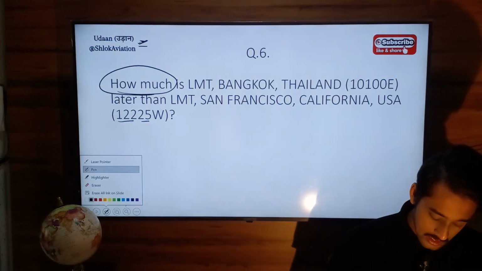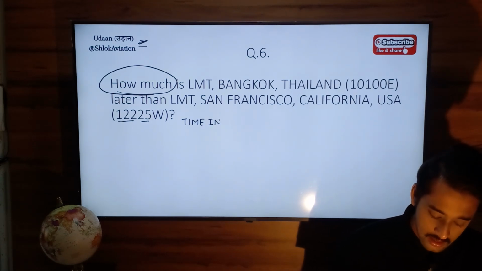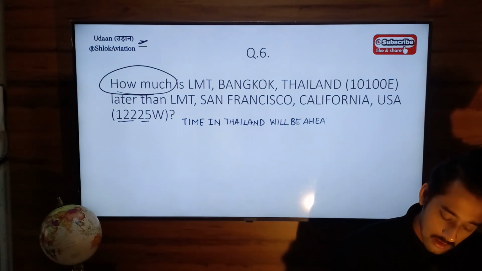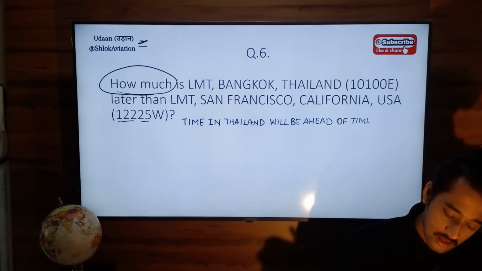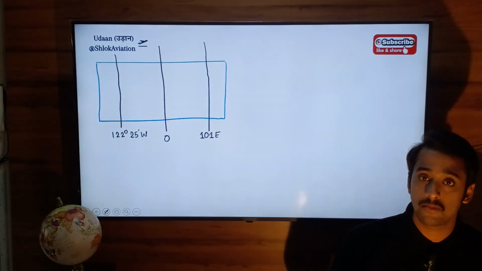We already know that time in Thailand will be ahead of time in California, USA. Now let's find by what quantity it will be ahead.